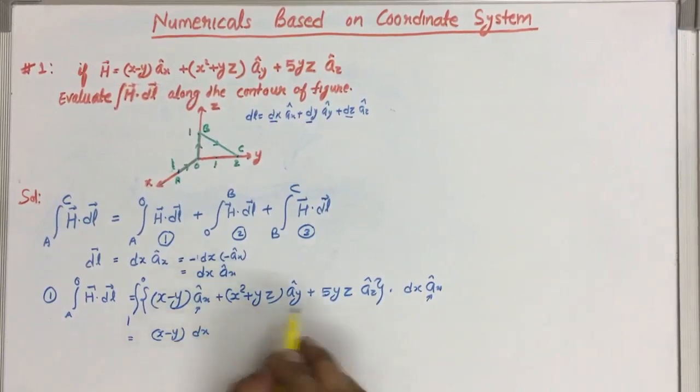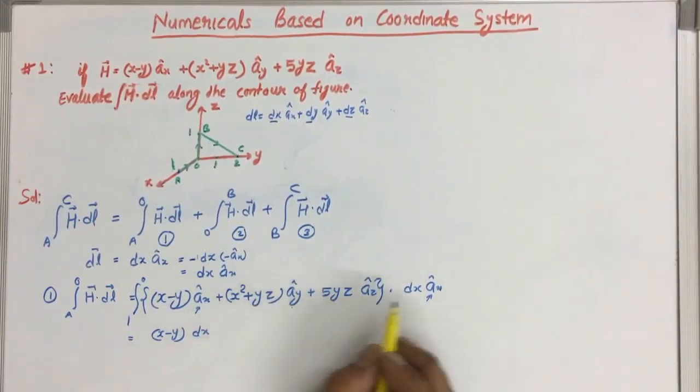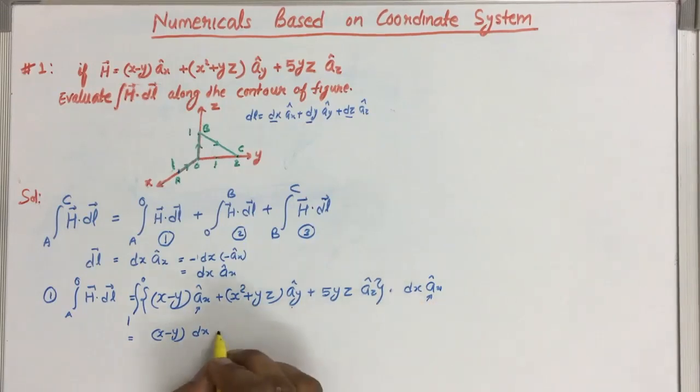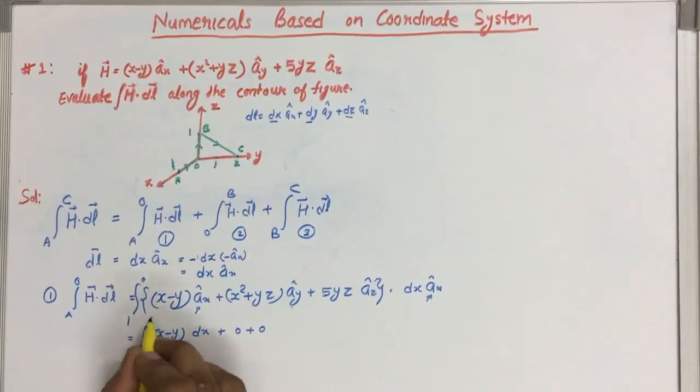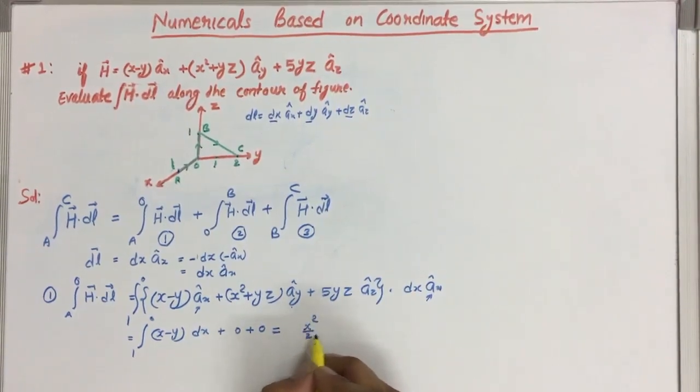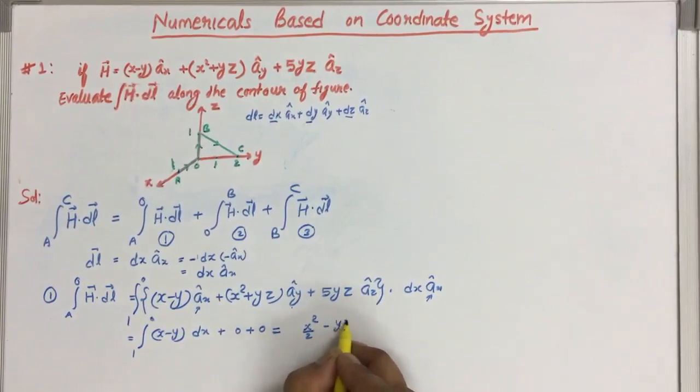What about the dot product of ay with ax? It will give you 0 because both are at 90 degrees. So it will be 0 from 1 to 0. Now find the integration, which is based on grade 12 study: x square by 2 minus yx.